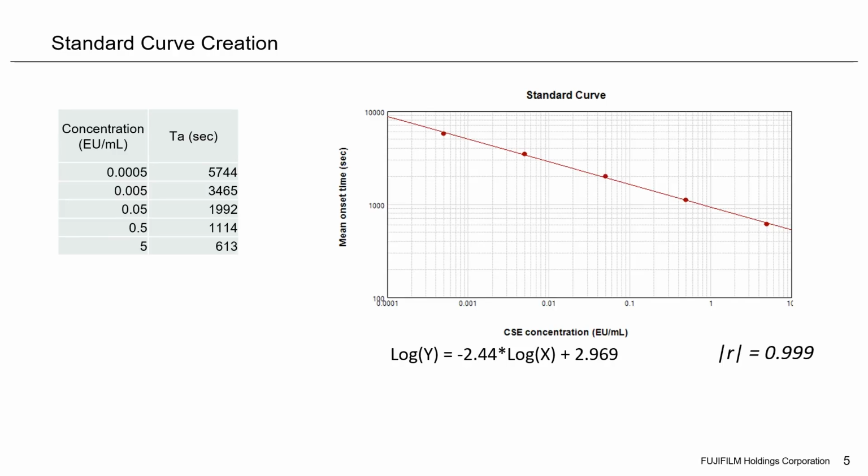So that's an overview of the kinetic measurement, and then based off of unknown samples activation times, we're able to plug those values into the standard curve to get measures of the endotoxin concentration.